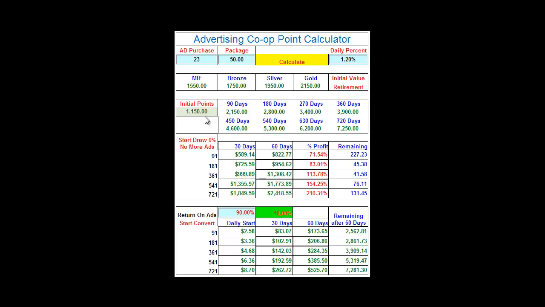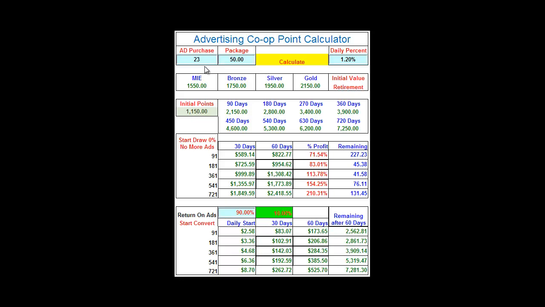The second row of numbers show you the number of points generated based on the daily percentage and the end time for the ad. The ad for an MIE ends in 75 days, bronze 80 days, silver 85 days, and gold 90 days. The points generated by the end of the ad period vary from 1550 for MIE all the way to 2150 for gold, all with the same 23-point ad purchase.